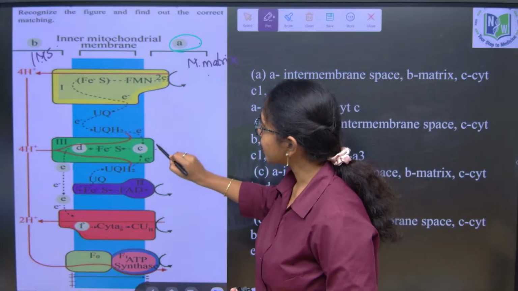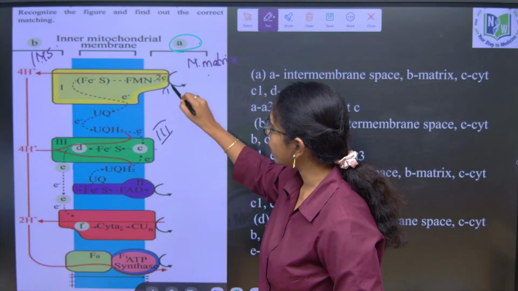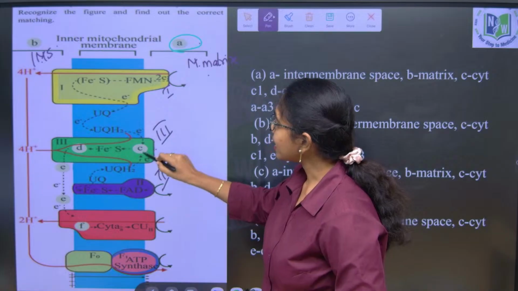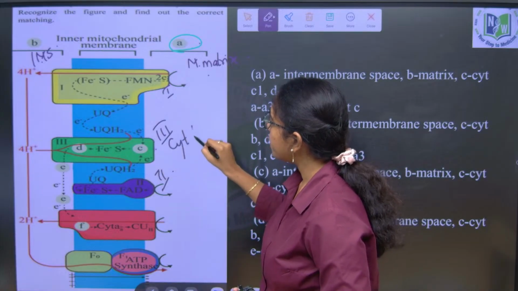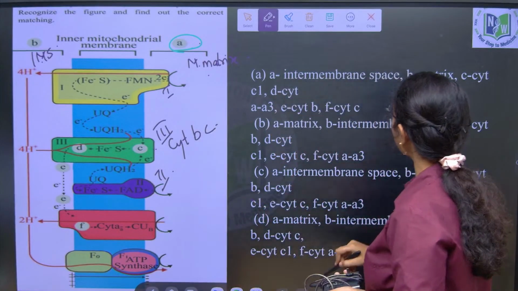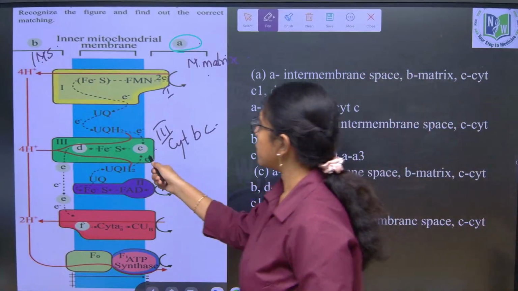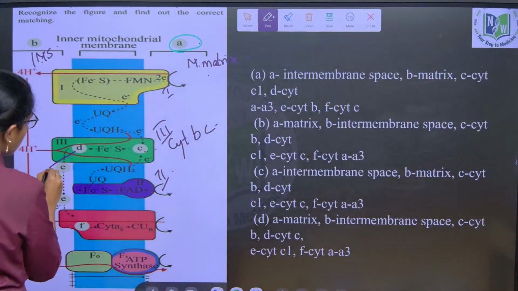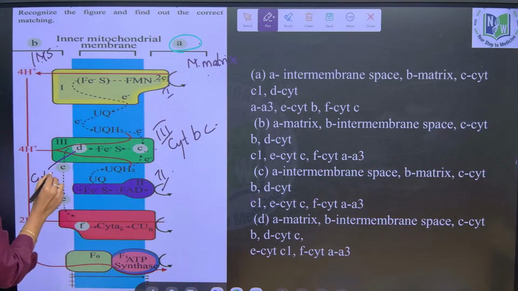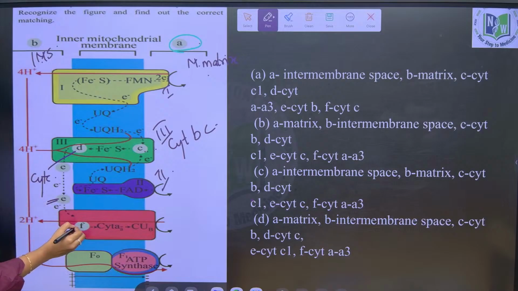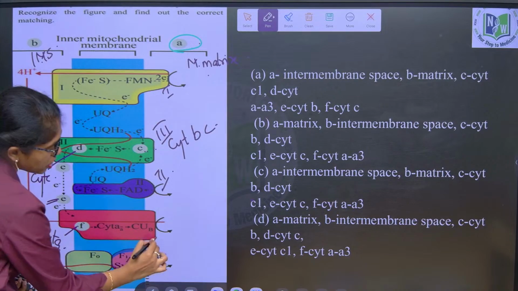And this complex, complex 3, which is in between 1 and 2, is the cytochrome BC complex. And this is cytochrome C, the mobile electron carrier. Next, E is also cytochrome C and F will be cytochrome A. This is complex 4. Fine.